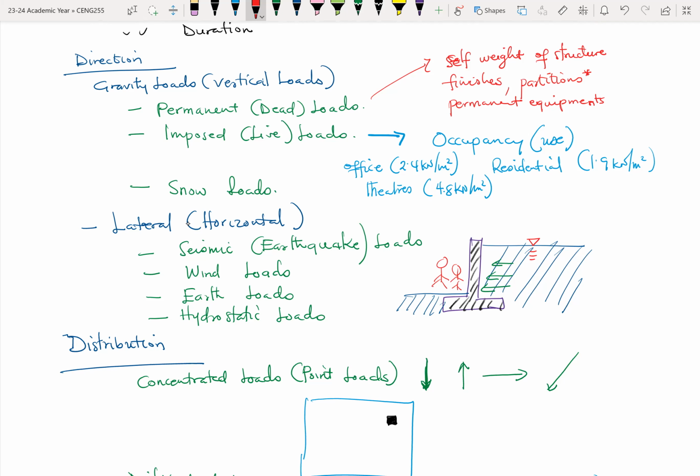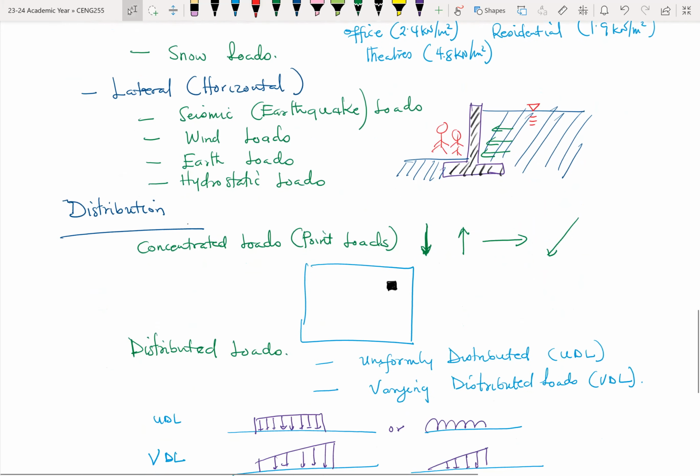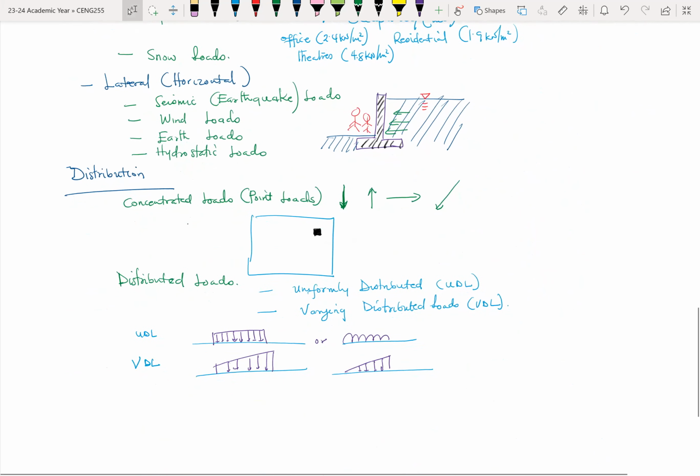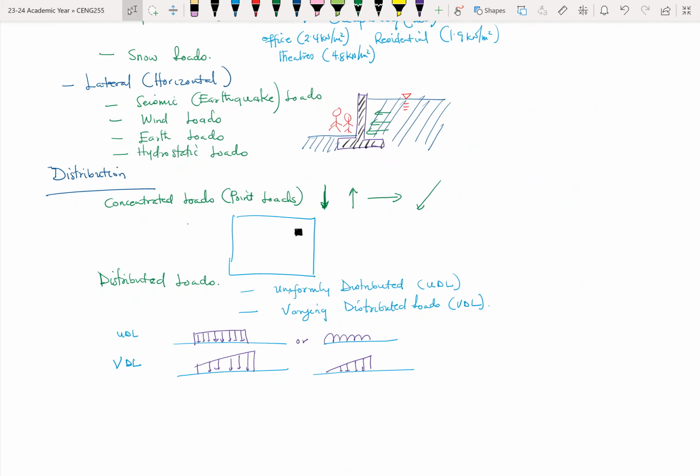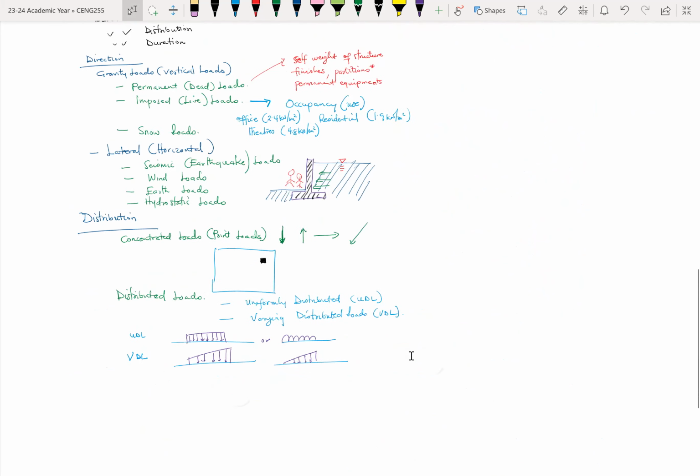So if you get your loads wrong, your designs are wrong. That's how critical loads are to the overall behavior of structural analysis or design. So we have all these loads, which you are aware of.